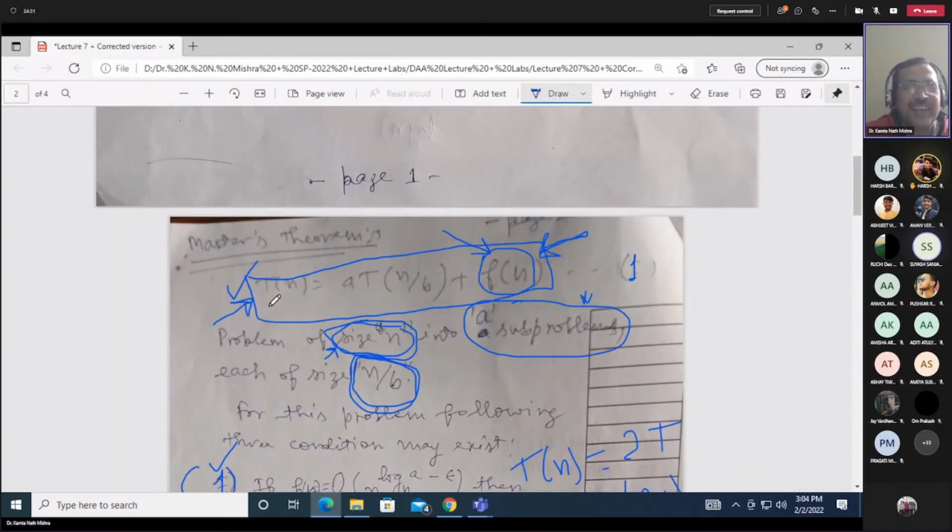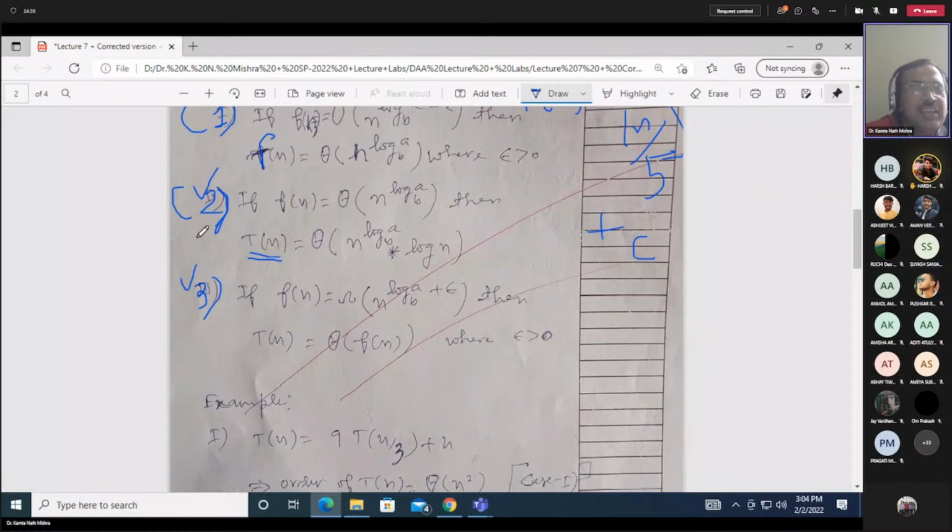Here, Tn is equal to A Tn by B plus Fn. In each of these three conditions, in condition 2 also, your recurrence is Tn, and the order is for the recurrence. Fn is just the plus Fn part.